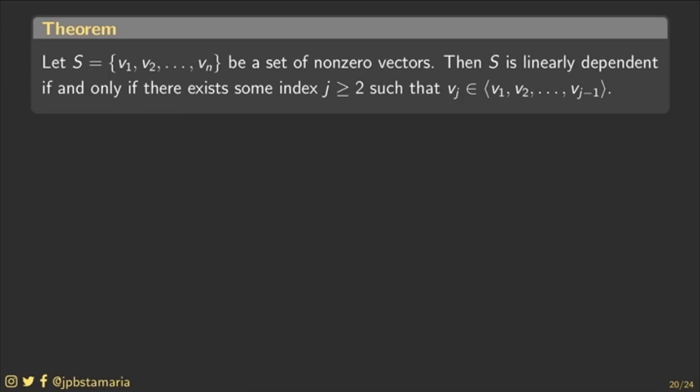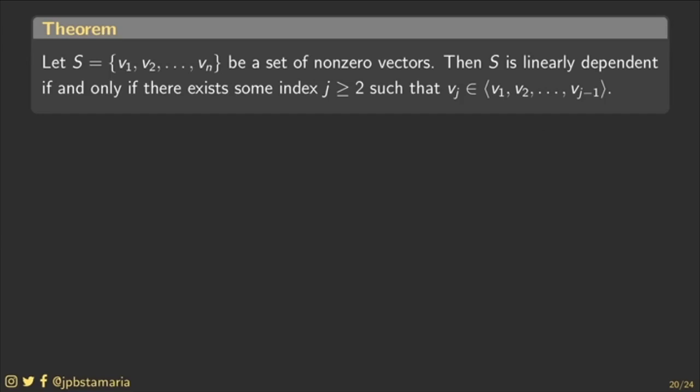That is, there is some index j greater than or equal to 2, such that Vj simply falls in the span of the preceding vectors V1 up to Vj minus 1. Remember this property: if a vector has this property, remove it from the set, it will not change the span. Therefore, the moment you know that the set is linearly dependent, you know that there is a redundant vector there.